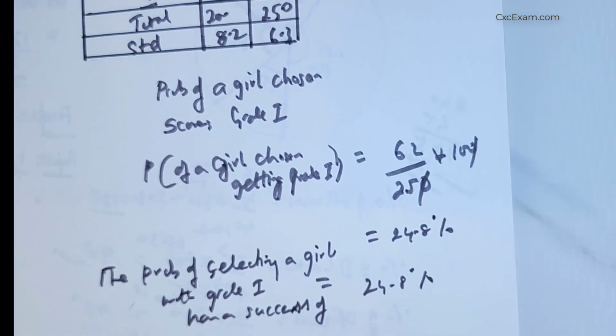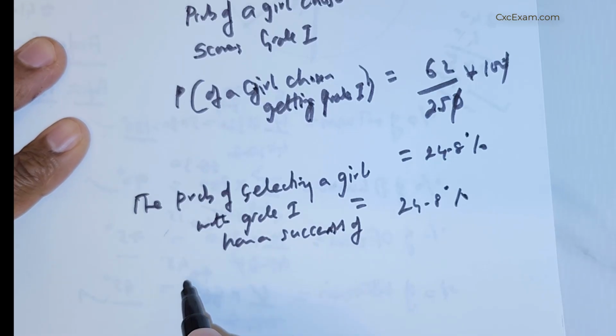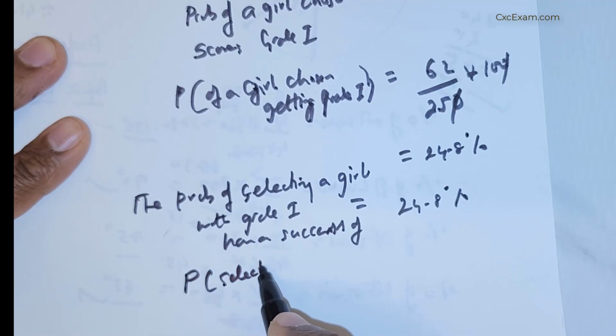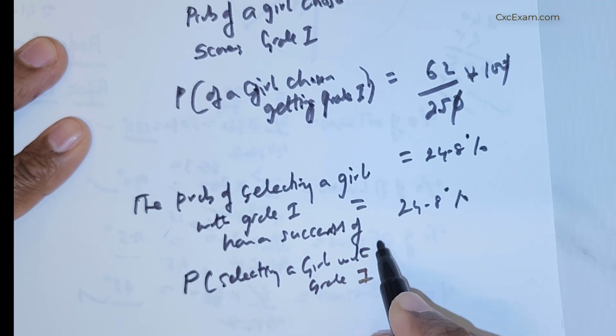Now you can also give it as a probability number. So you can write it like this: a probability of selecting a girl with grade 1.